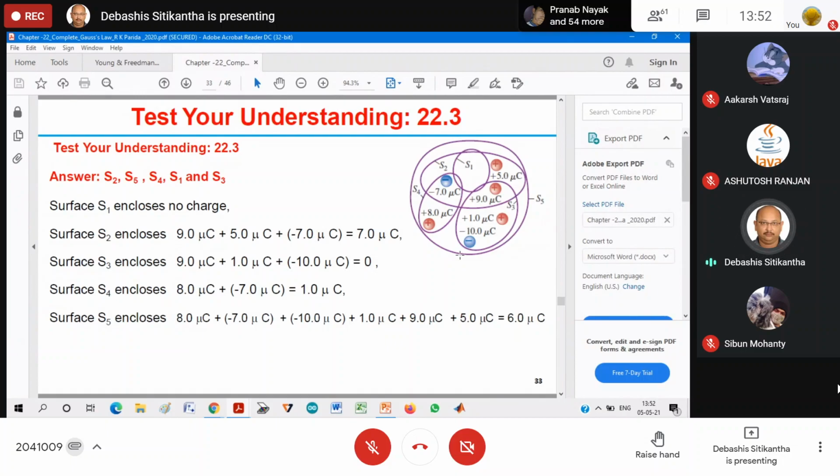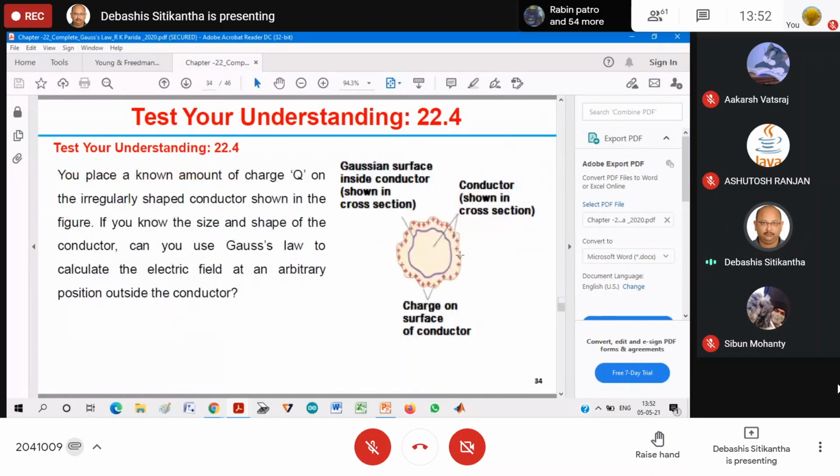Now the question is, in this particular case, you cannot use Gauss law. Why you cannot use Gauss law, I will tell you after you solve this problem, because the solution to your question lies in the solution of this problem. That's a very beautiful doubt you have asked. The timing is perfect. Now, just go through this problem. This is a conceptual problem.